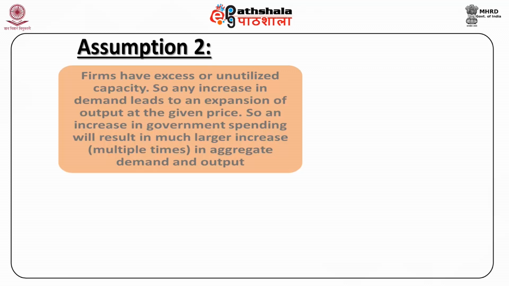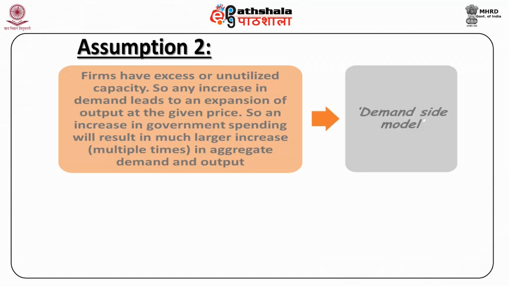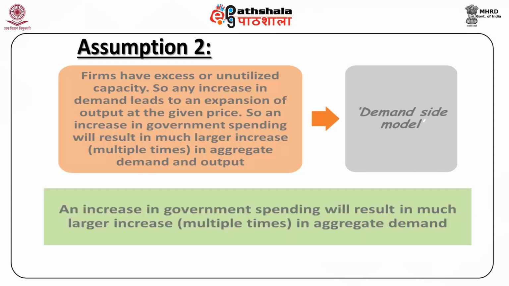So, an increase in government spending will result in a much larger increase, multiple times, in aggregate demand and output. The second assumption makes this model essentially a demand-side model. One of the implications of the model is that an increase in government spending will result in a much larger increase, multiple times, in aggregate demand.